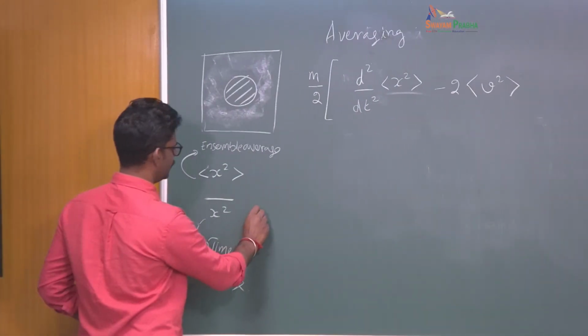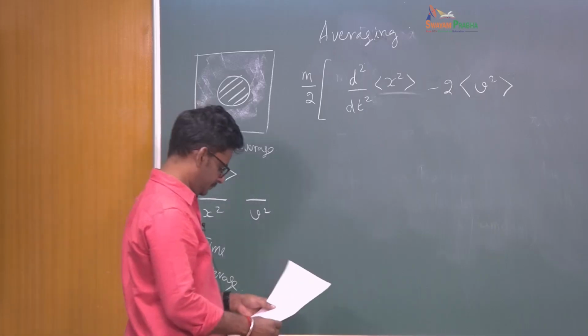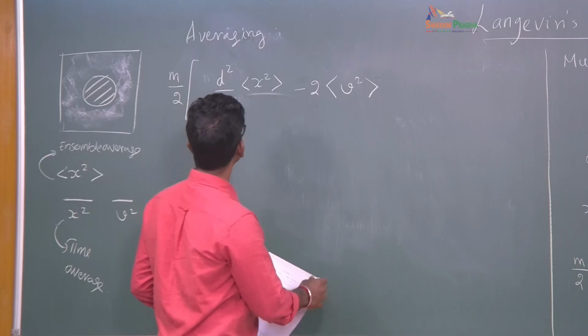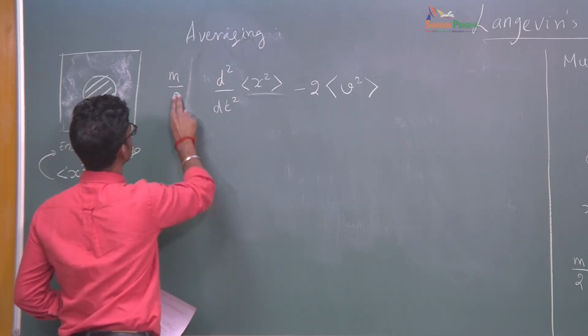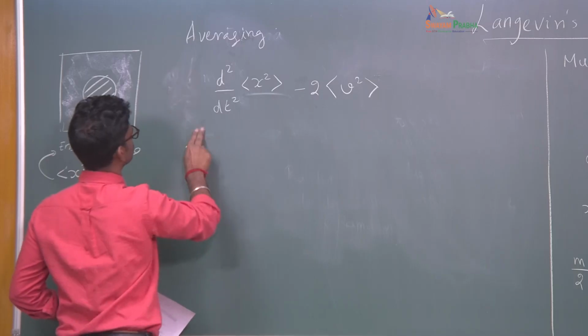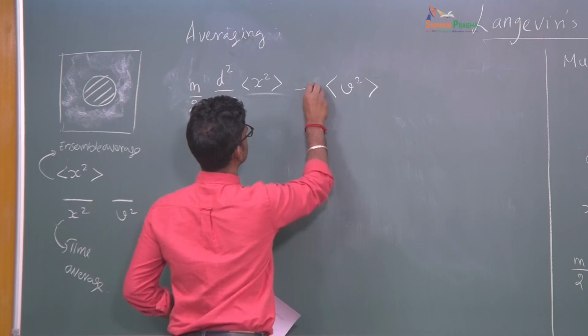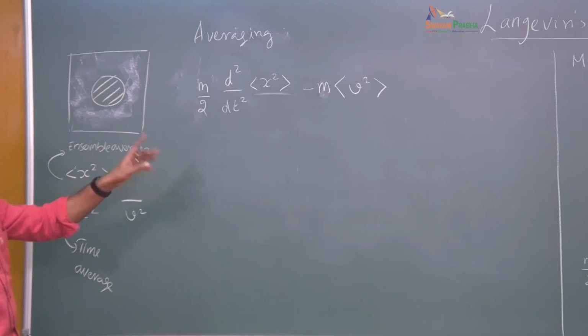Or you can also think of this like this. I am also multiplying by m by 2.